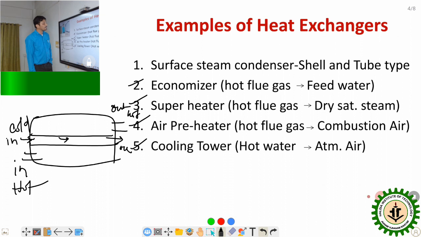Again, it is used in the furnace, where the hot flue gas heat is utilized to heat up the air itself. Okay, so the air preheater again is one example of a heat exchanger.